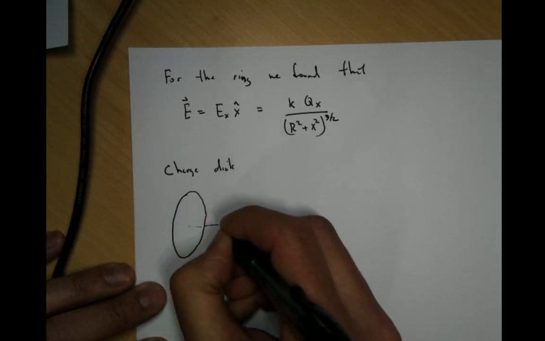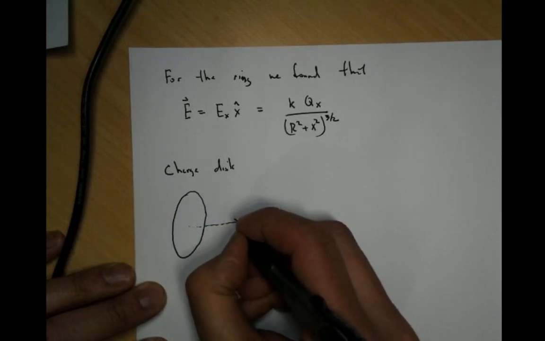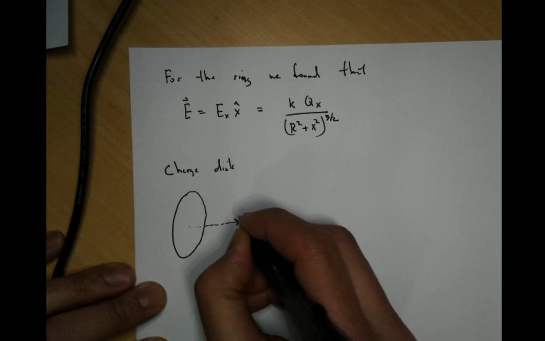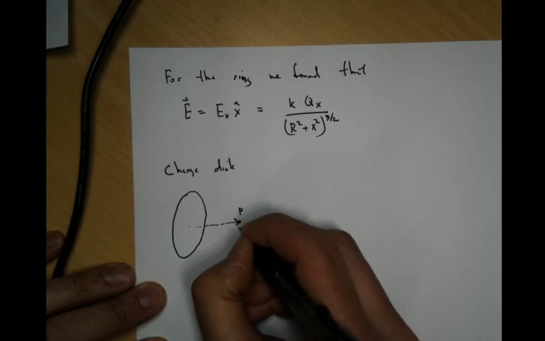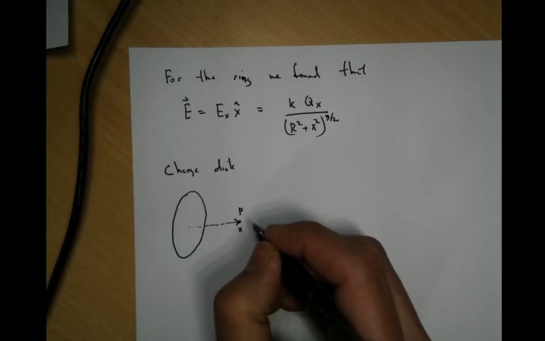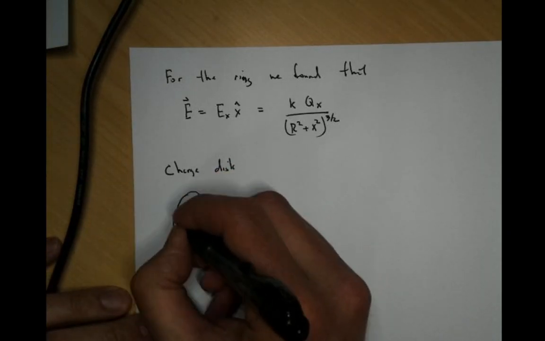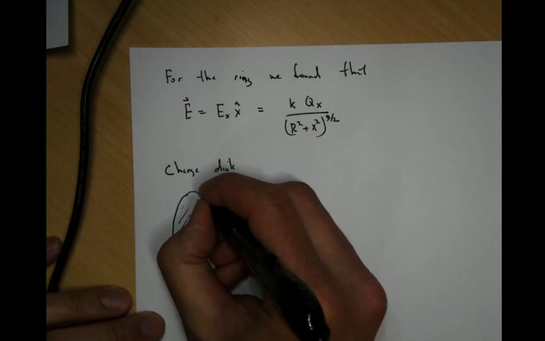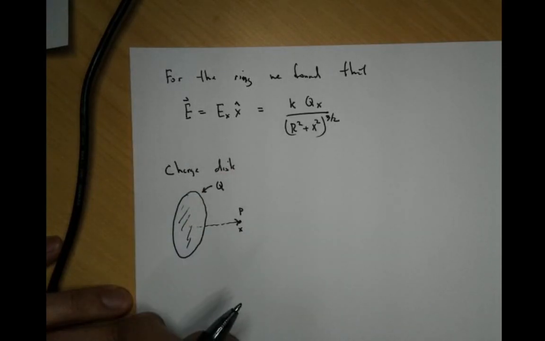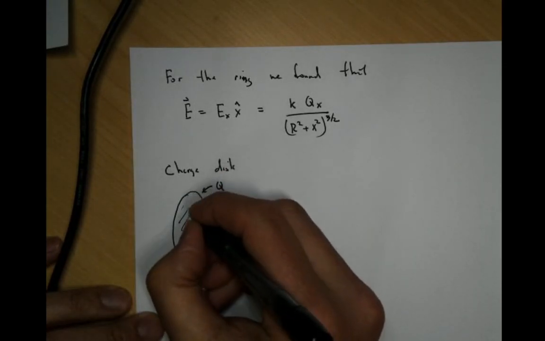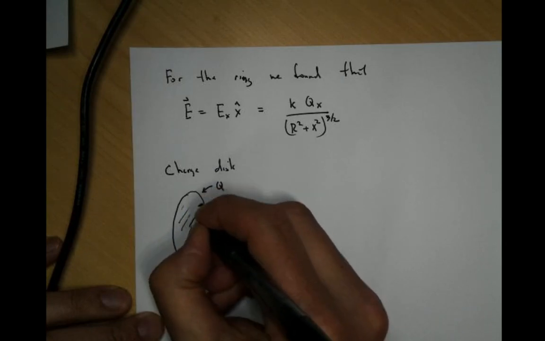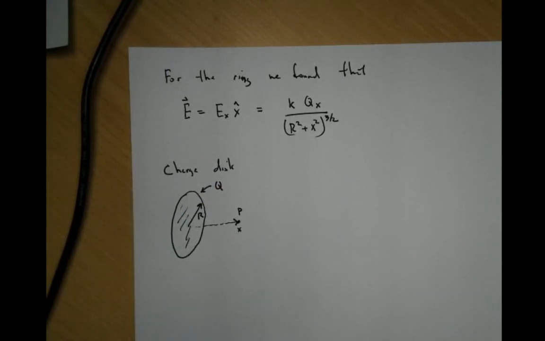Again, I'm going to put the position P along the symmetry axis at a point x. This disk has a total charge Q and a radius capital R again.